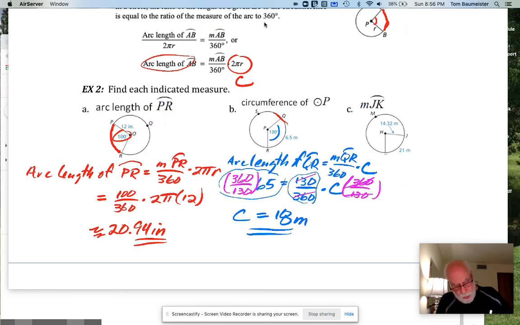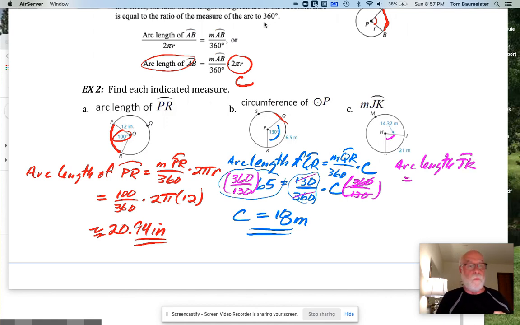And then finally, our last example, they want us to find the measure of the arc. So what we need now is we do need the measure there. So again, we're still going to use our same formula. So in this case, our arc length of JK is equal to, and sorry, I'm running out of room there.